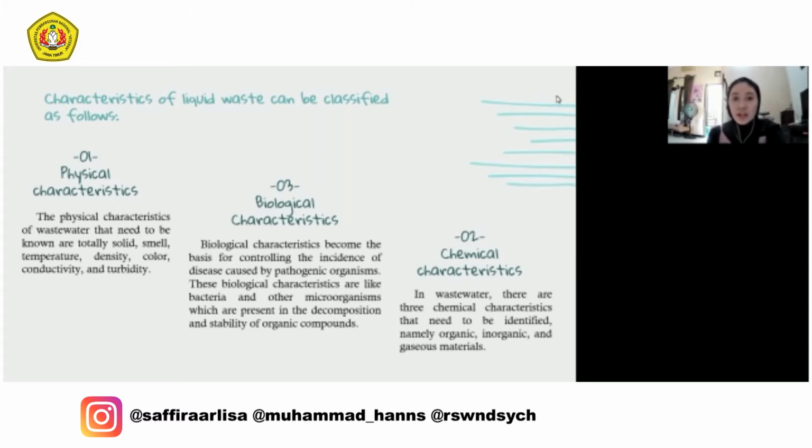Number 3, biological characteristics. Biological characteristics become the basis for controlling the incidence of disease caused by pathogenic organisms. These biological characteristics are bacteria and other microorganisms, which are present in the decomposition and stability of organic compost.